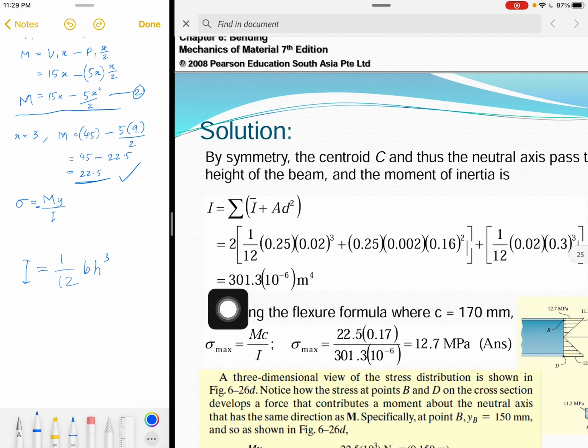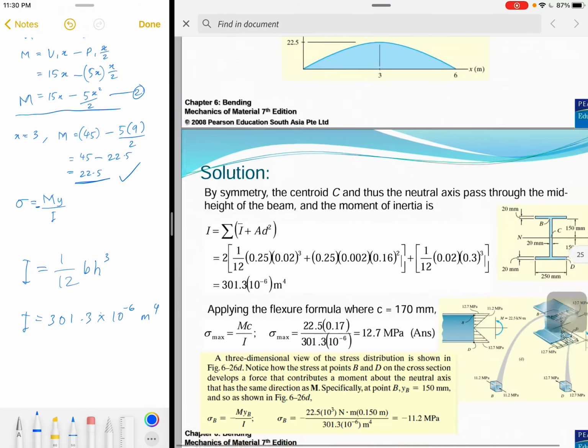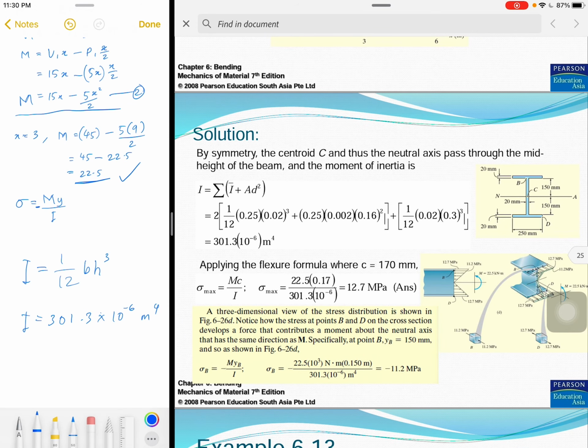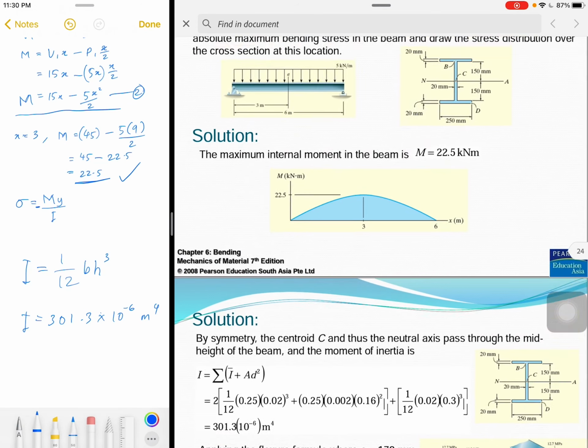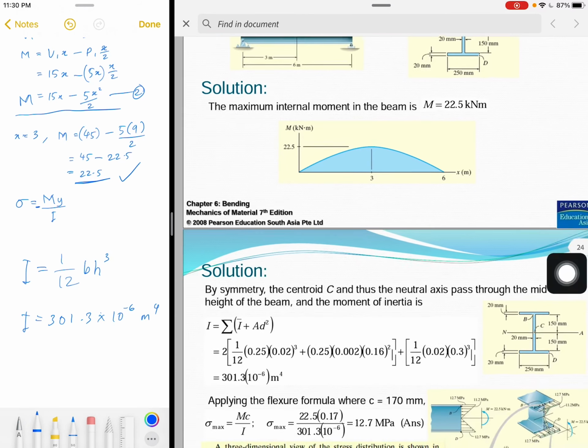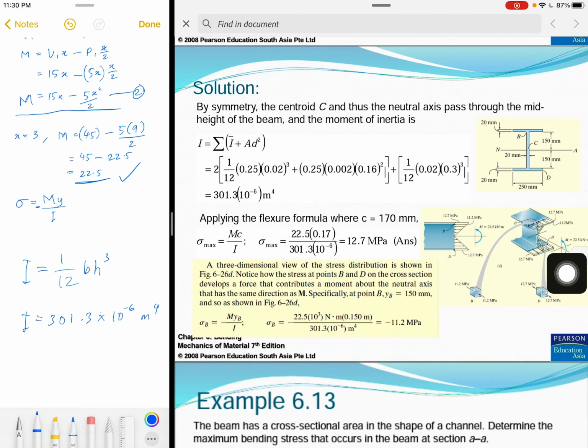So we got the value for I. I is equal to 301.3 times 10 to the power of -6 meter to the power of 4. Okay, and then we go back to determine the absolute maximum bending stress. So we want to find the maximum bending stress.